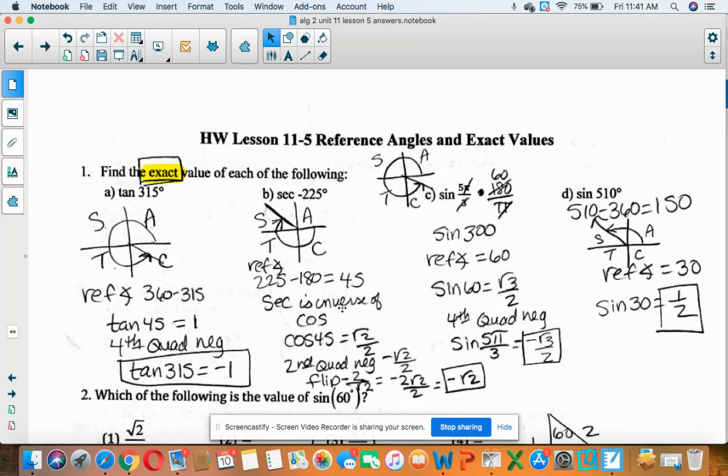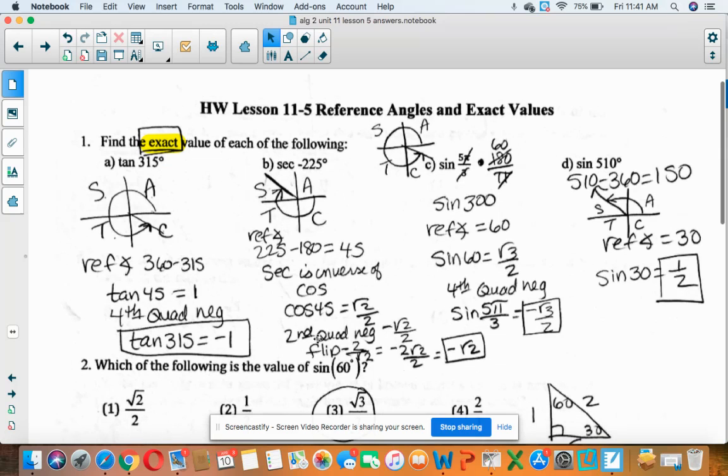Secant is the inverse of cosine, so I find it easier just to find the cosine of 45 because I know that one right off the top of my head, or I could look in my little chart that I've memorized. The cosine of 45 is radical 2 over 2. I am in the second quadrant, and cosine is negative in the second quadrant, so secant would also be negative. I'm doing secant though, so I do have to flip it.